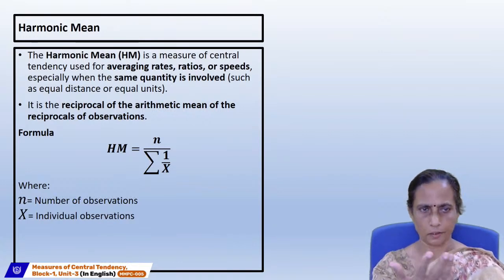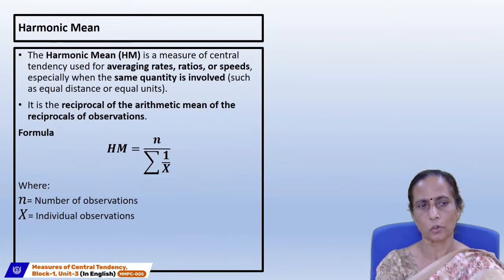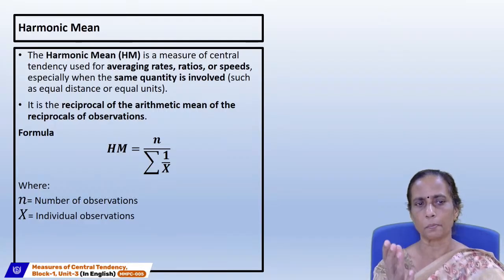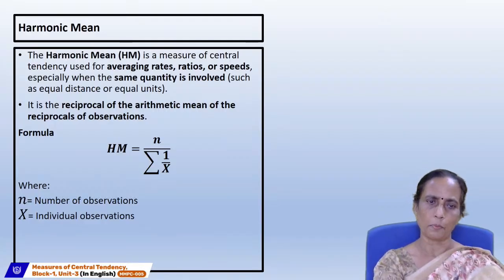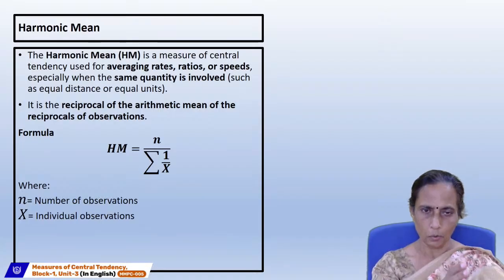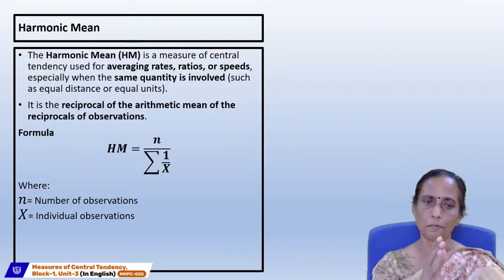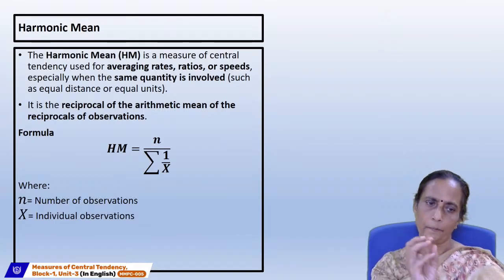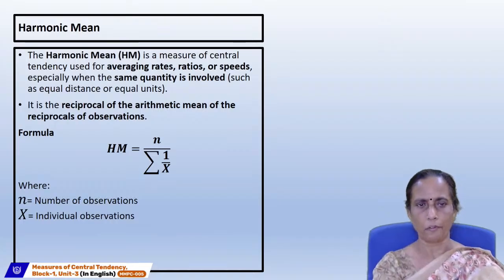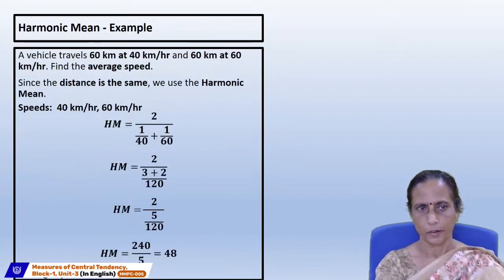So in that case, your harmonic mean is useful. It is the reciprocal of the arithmetic mean of reciprocals of observations. So harmonic mean is equal to n upon summation of 1 upon x, where x is the individual observation and n is the number of observations.